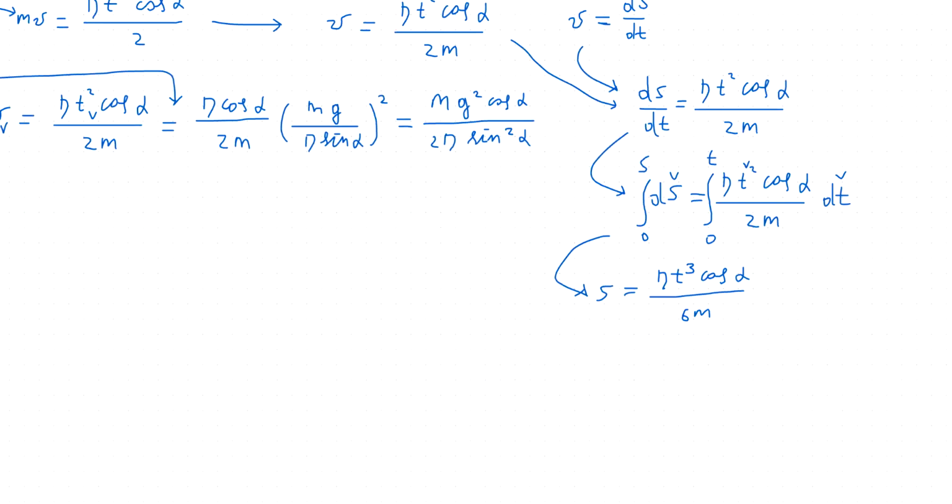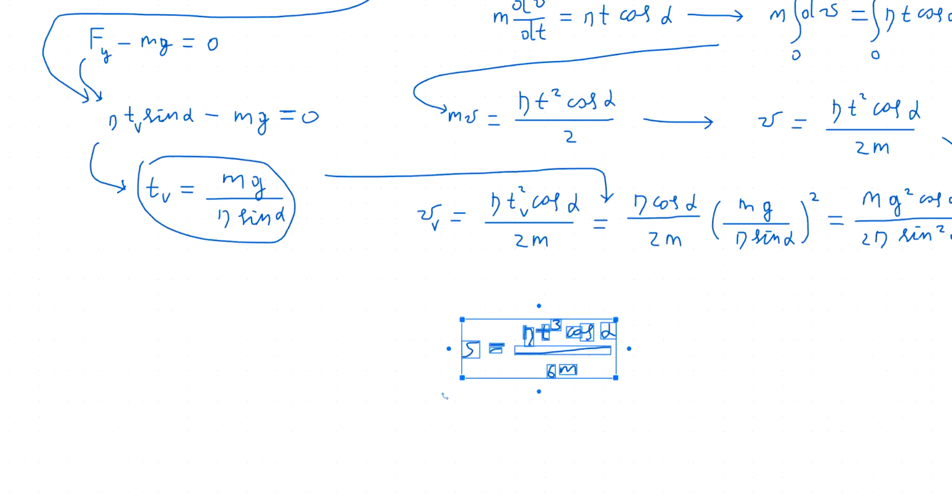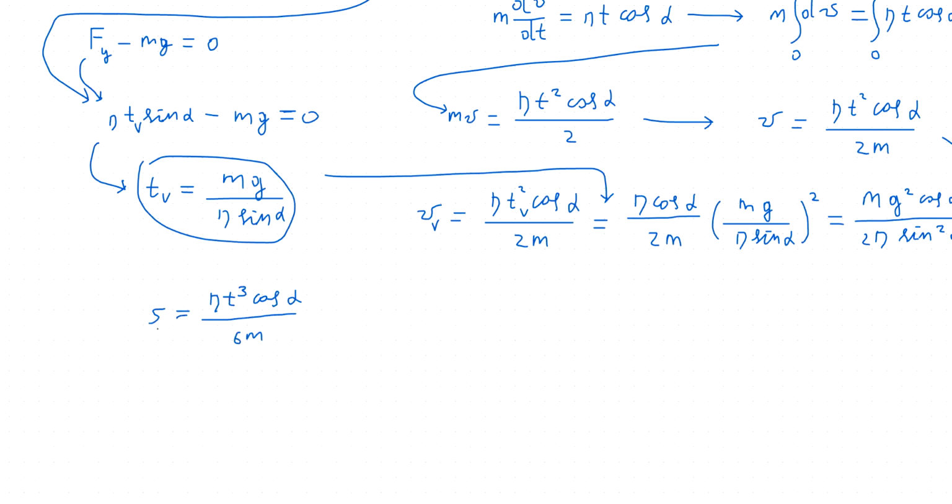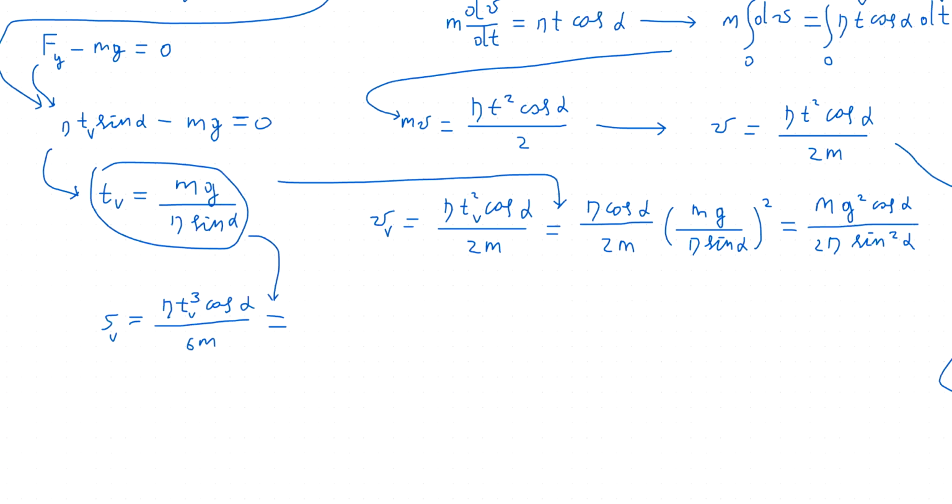So a path that we need will be some sv, and after substitution we will get m to the power of 2 g to the power of 3 cosine alpha divided by 6 eta to the power of 2 sinus to the power of 3 alpha.